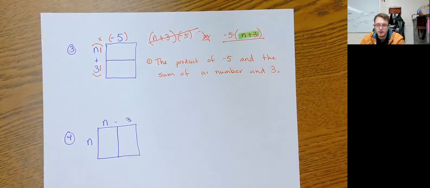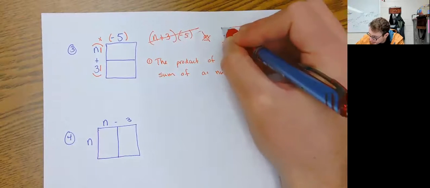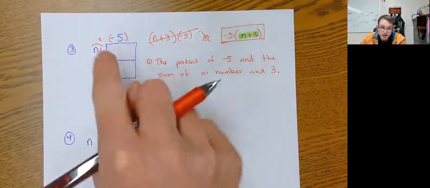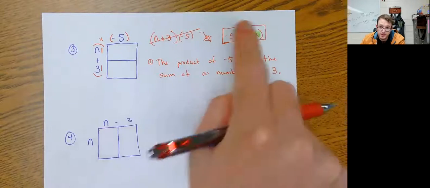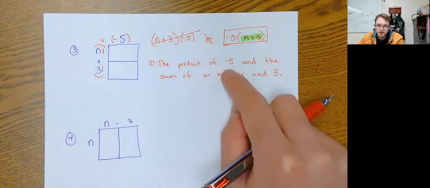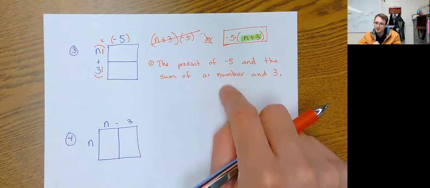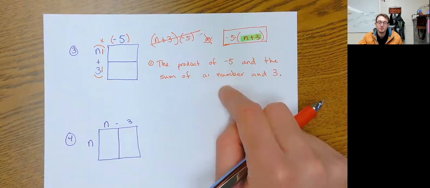Now, are there different ways to write this? Yes, there are other phrases. However, this is the expression that goes with this area model. The product of -5 and the sum of a number and 3.